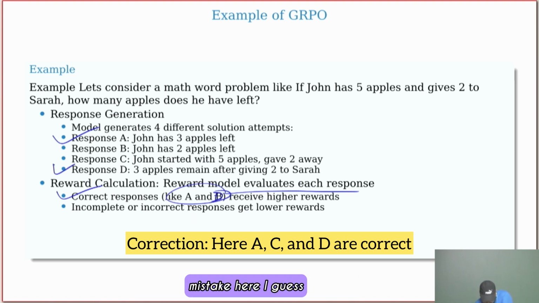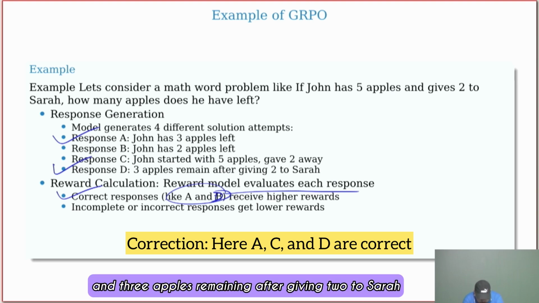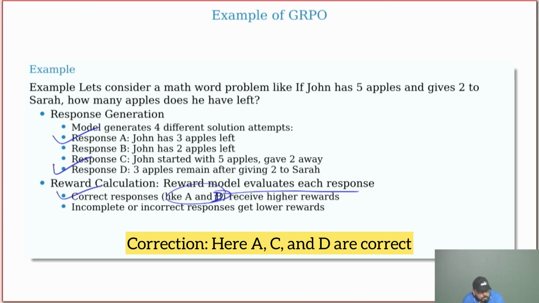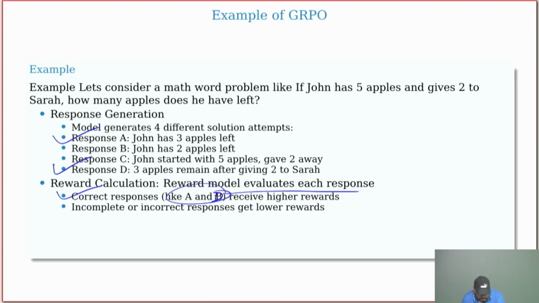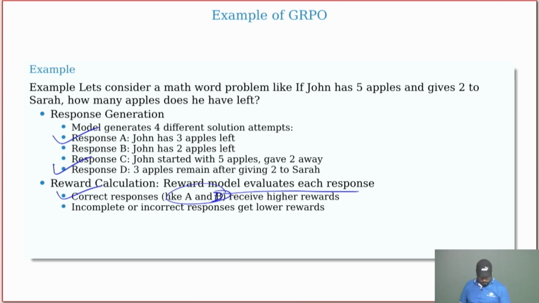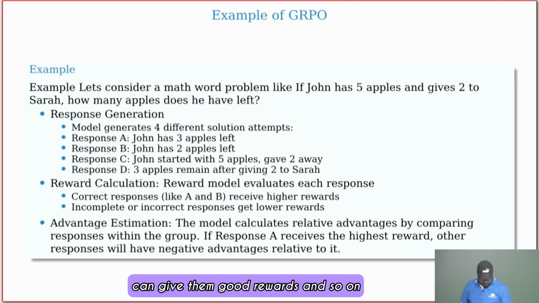I think this is a mistake here, I guess. So John has 3 apples left and 3 apples remaining after giving 2 to Sarah, right? Something like that. So out of these possible outcomes, 2 of these are good. I mean, they do solve the problem, so you can give them good rewards and so on.